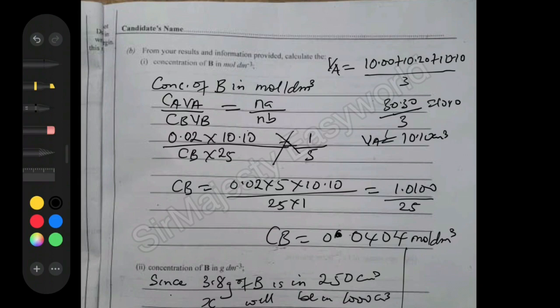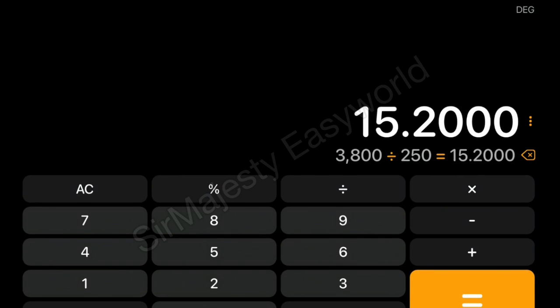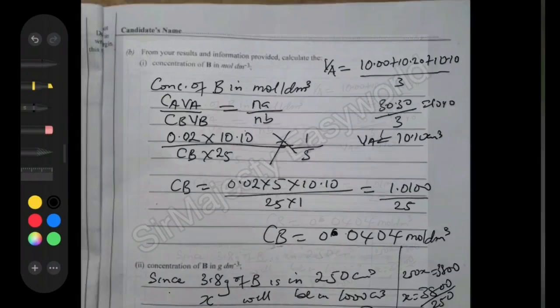Yes, of course. So that 250x is equal to 3800, such that x is equal to 3800 divided by 250. And going to our calculator department, we have 15.2 gram per dm cube.